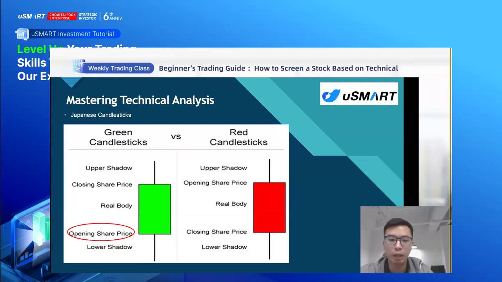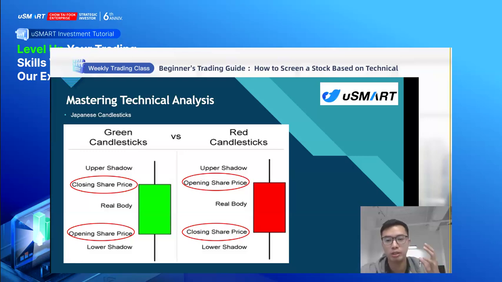For the opening share price, you can see that the green candles usually open low. The low of the candle is usually the opening share price. For the red candles, the high is usually the opening share price. The green one closes high because it's a bullish candle, and the red one closes low. The upper and lower shadows are the highest and lowest prices the stock moved to in that time frame.